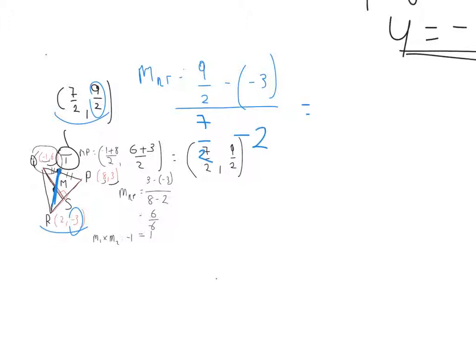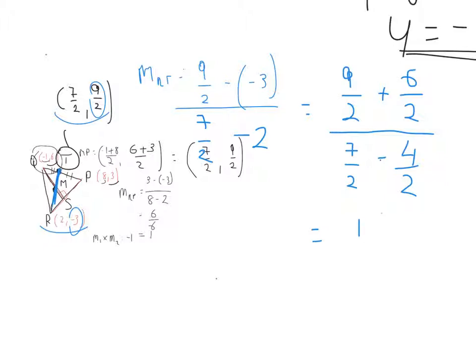So 9 over 2 minus -3 is 9 over 2 plus, so 3 I can write as 6 over 2, over 7 over 2 minus, and I'll write 2 as 4 over 2.